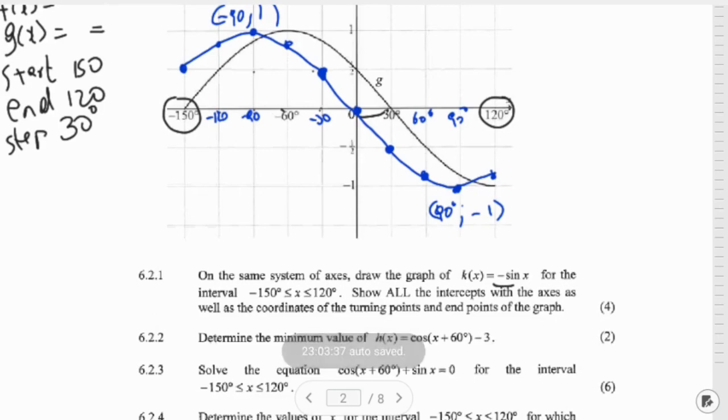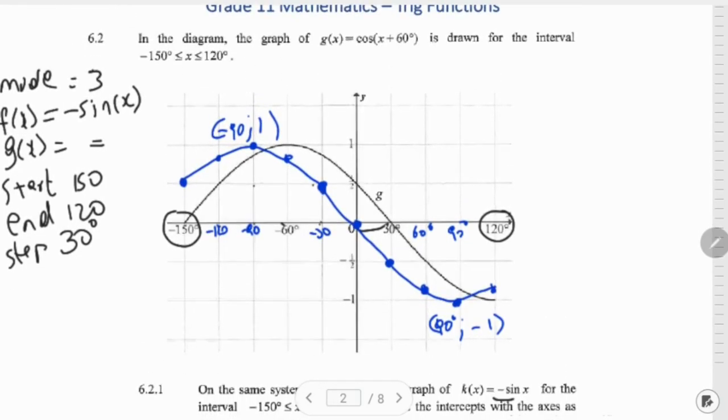And then next, the question says we should determine the minimum value when cos of x plus 60 minus 3. Okay, where is that cos?